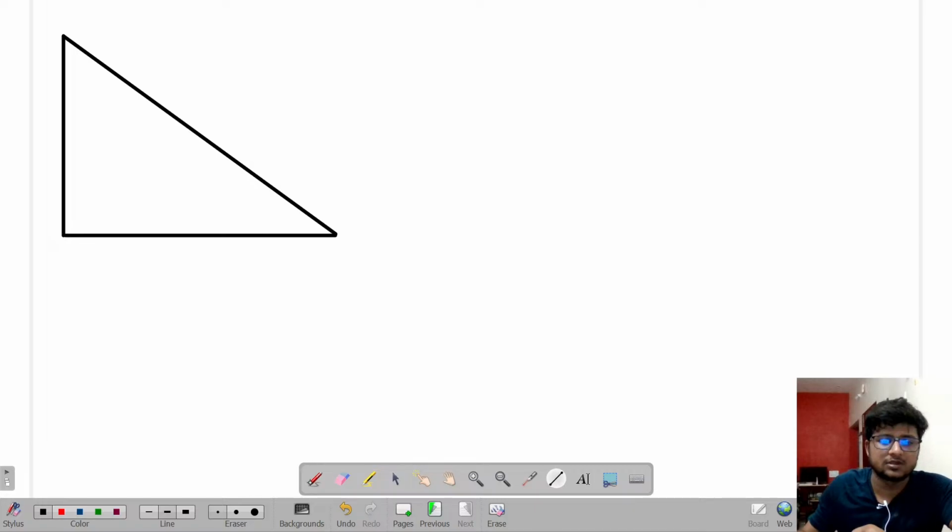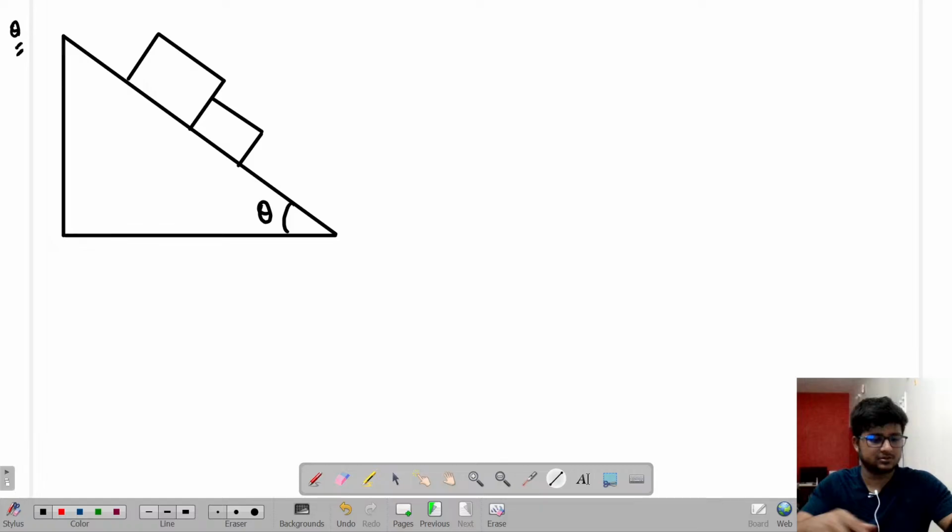Okay. Now look over here, let's suppose this is an inclined plane and I place two blocks. One is 2 kg, another one is 1 kg.